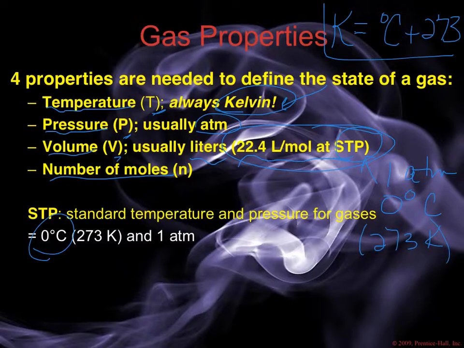So if a gas is under these standard conditions, it will occupy 22.4 liters volume. That is any gas, every gas, regardless of its identity. The symbol for moles is little n.